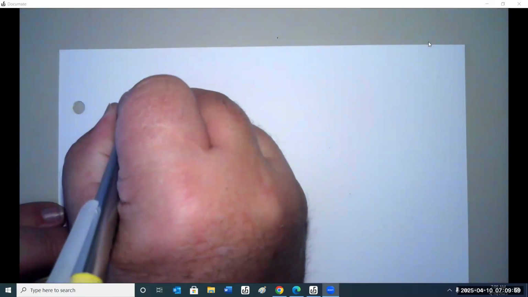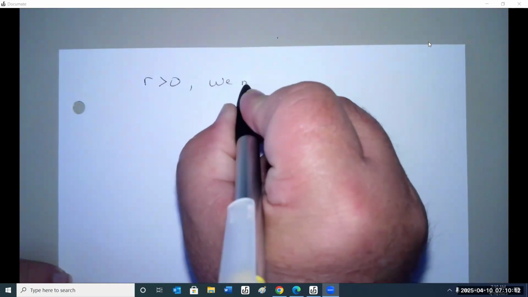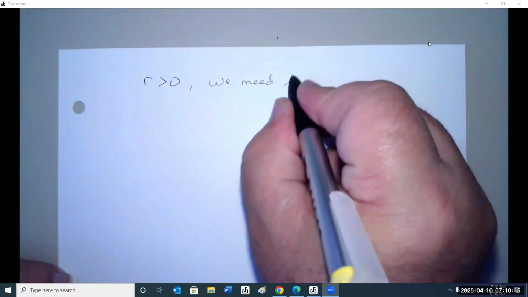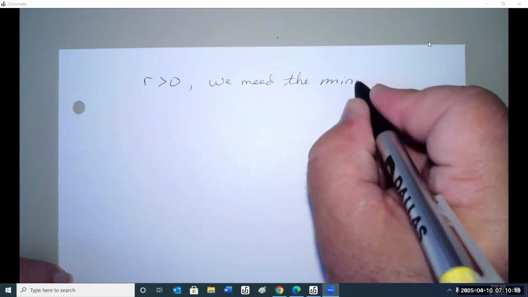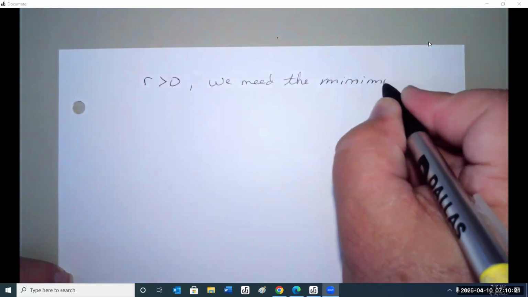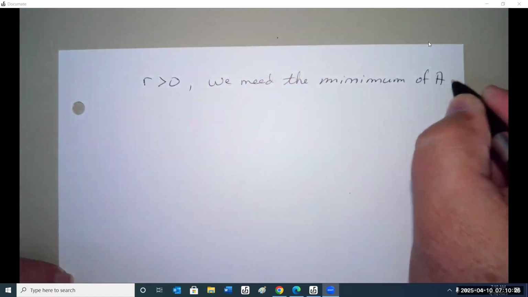All right, so let's see what we need so far. Remember, the radius has to be positive. It can't be 0 because then we just have a point, a stick. So we have to have some radius. It has to be positive. We need the minimum of the area.